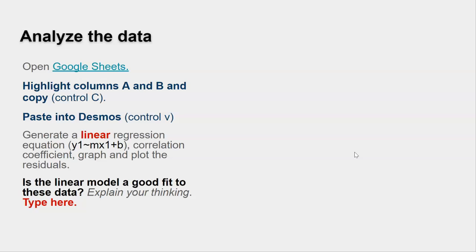So they're just reviewing. We are having a test in the next time we meet, so they will be basically practicing what they need to do on that test. And then they're going to answer the question, is this linear model a good fit? Explain your thinking. So the shape of the graph, the correlation coefficient, and the residuals should all help them make a good decision about whether this data is best represented by this model.